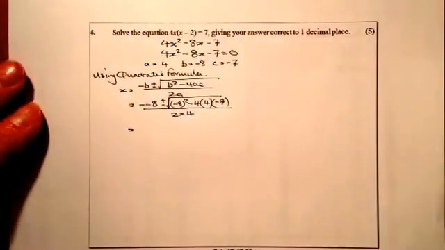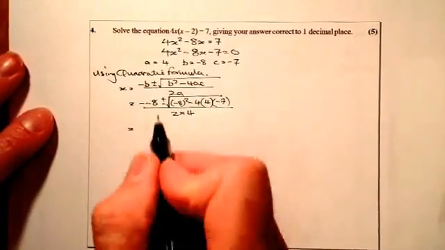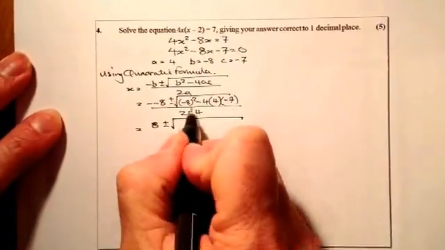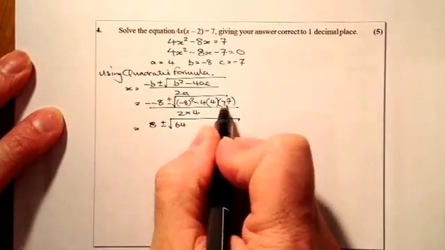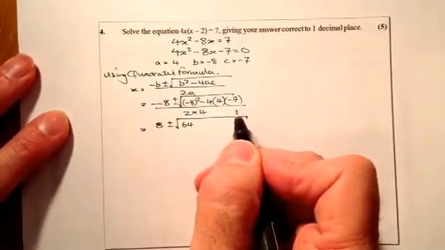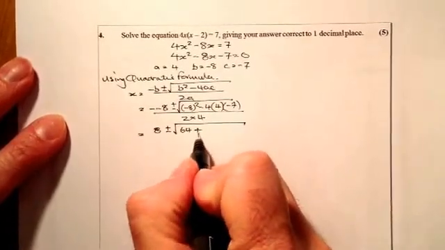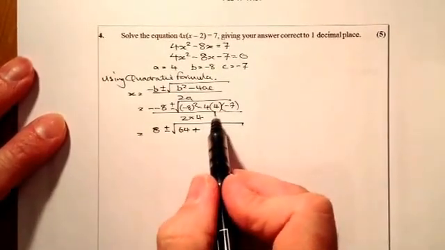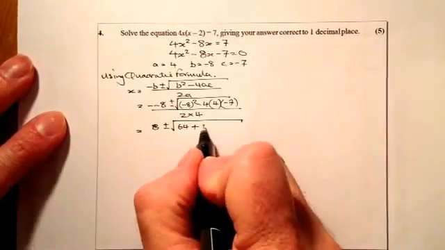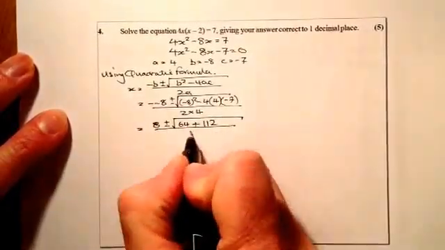What we'll then do is work out what's inside the square root. So I've got an 8 here, plus or minus the square root of 64. I've got 2 minuses multiplying together, or 2 negatives, and that's going to give me a positive answer. So that'll be plus, and that's going to be 4 times 4 is 16, and 16 times 7 will give me 112. That's all over 8.